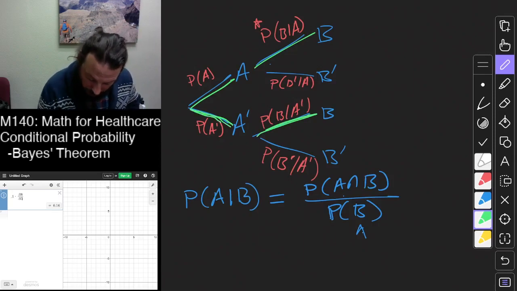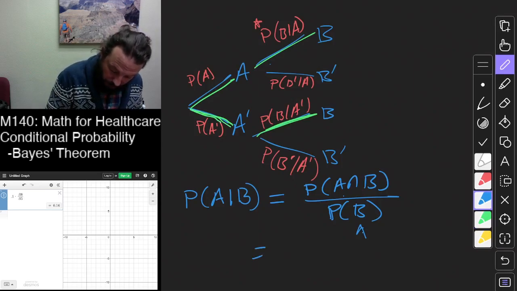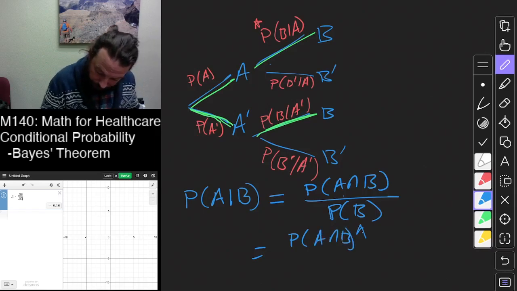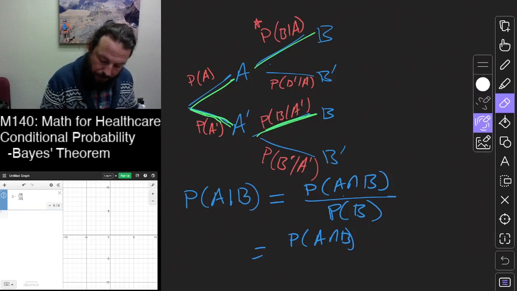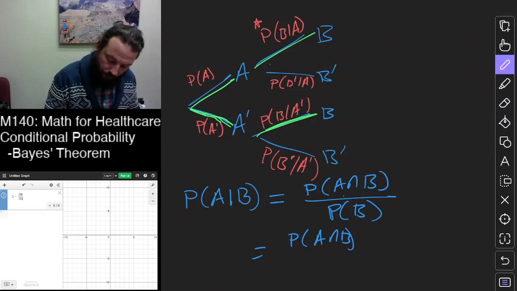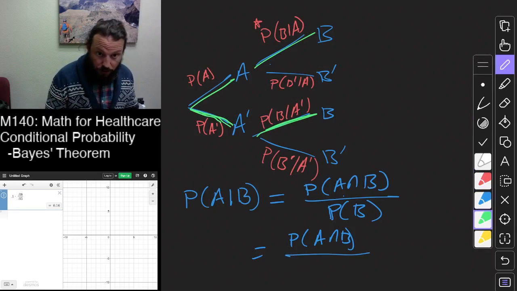So maybe let's write that down here. This is the probability of A intersect B divided by, in green to match that path, the probability of one of those two paths.